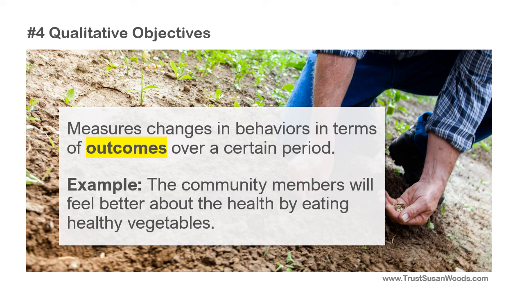How are they behaving now, before they receive your services, and then at the end or during the time in which they receive your services, you can start documenting qualitative changes in their behaviors over a certain period of time. Another way to reference behaviors or qualitative objectives is the word outcomes.